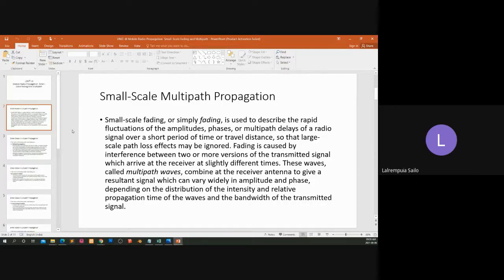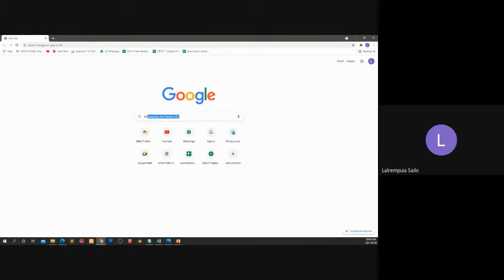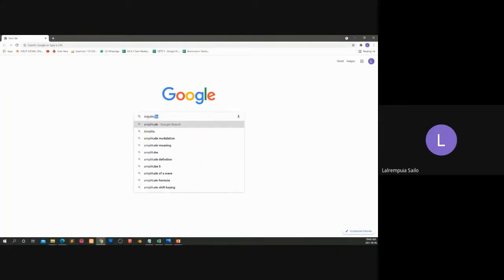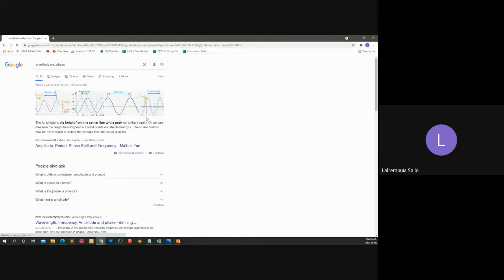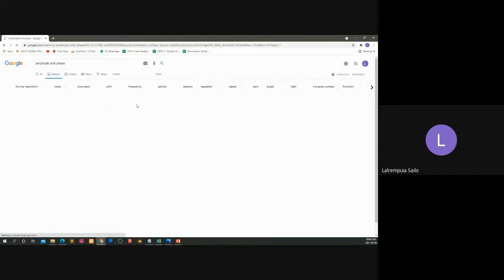Amplitude means that the signal in analog communications changes on the amplitude side, and it also changes in phase. What do amplitude and phase mean?